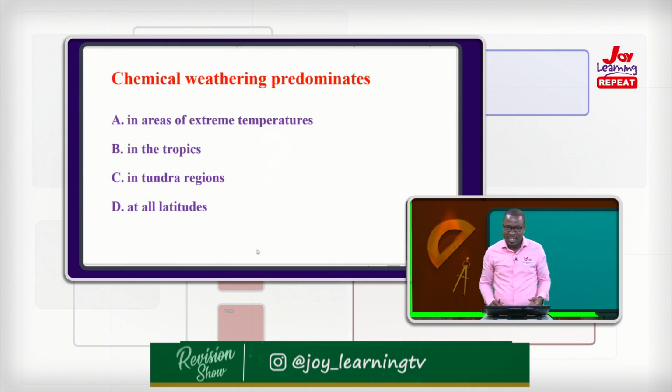And this water will help in the chemical weathering because water is the most important agent when it comes to chemical weathering. Because we said that is when the rocks come into contact with what? Water and atmospheric gases. That is very good. Well done.